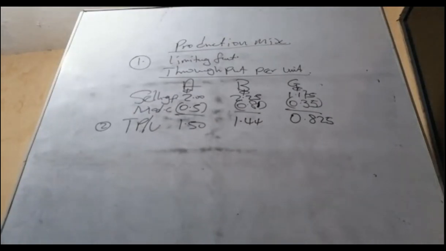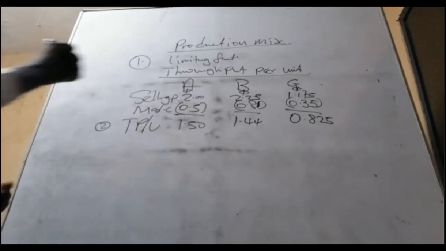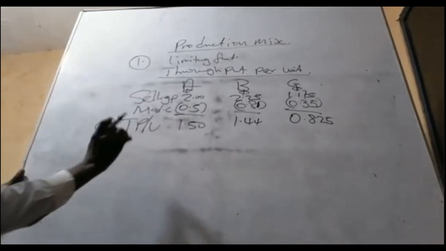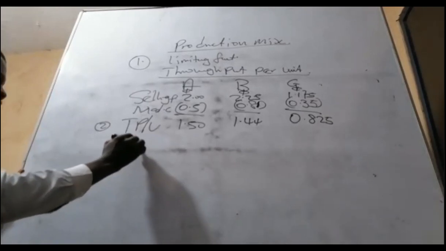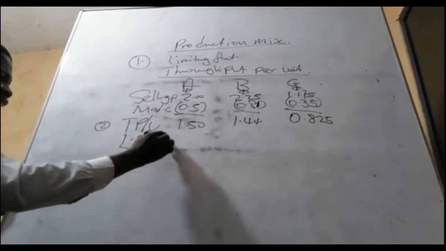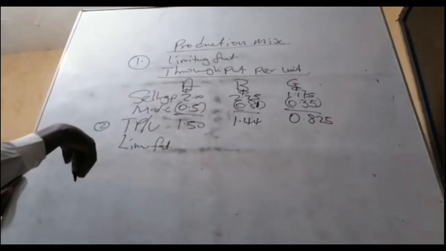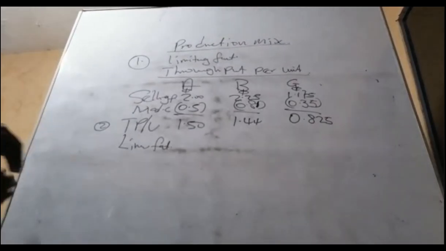So here we bring the quality control, or the limiting factor. You can just write the limiting factor here nicely, or if you know that quality control is the limiting factor, you can just write quality control. Any of them, you are okay.